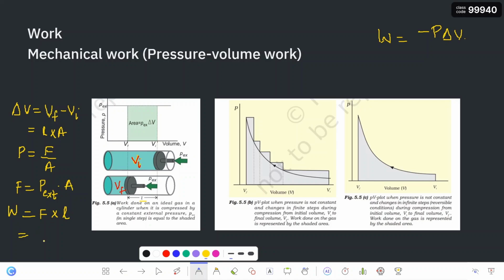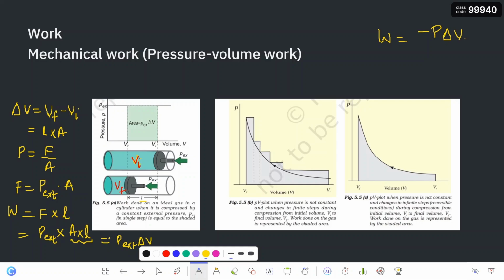For force we have already written P external into A, times length. A into length is delta V. So we can write P external into delta V. This way, for work, this equation is coming: P external into delta V.